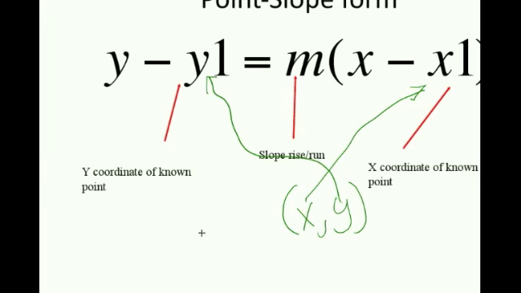So for example, if I were given the point 2 comma 3, the 2 would go in the x1 and the 3 would go in the y1. m is the slope, which is a comparison of your rise over your run.